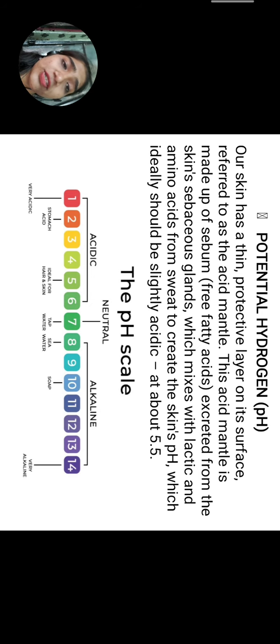But the pH of the skin should be neither too acidic nor too alkaline. If it's more alkaline, it is too dry. If it's more acidic, it's too oily. So the ideal pH for the skin and hair is 5.5. We always see that toners have written on them pH balance 5.5. So why do we need to use this product?